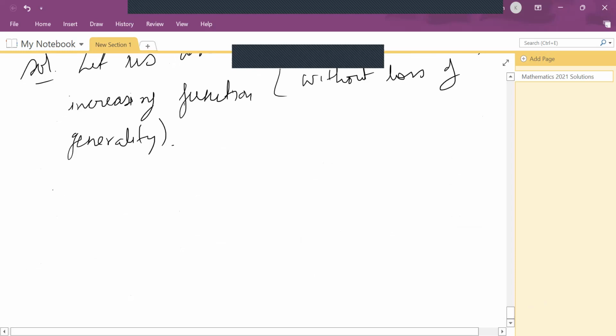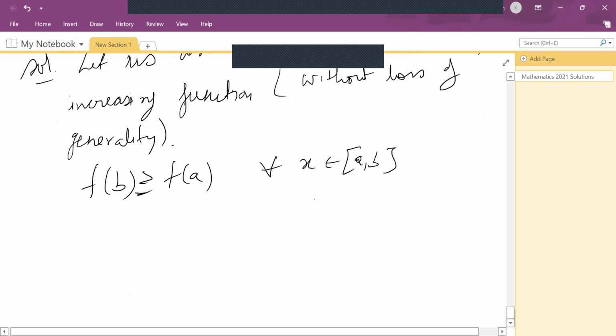So for this we know that f(b) will be greater than or equal to f(x), which is greater than or equal to f(a), for all x belonging to [a, b], because it is an increasing function, so the value will increase as x increases.